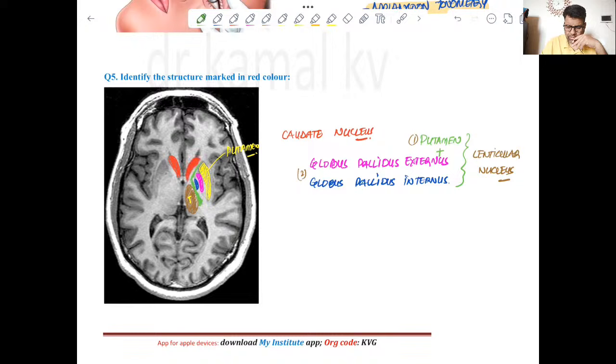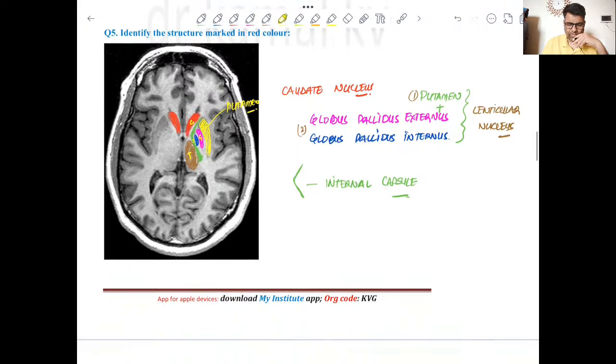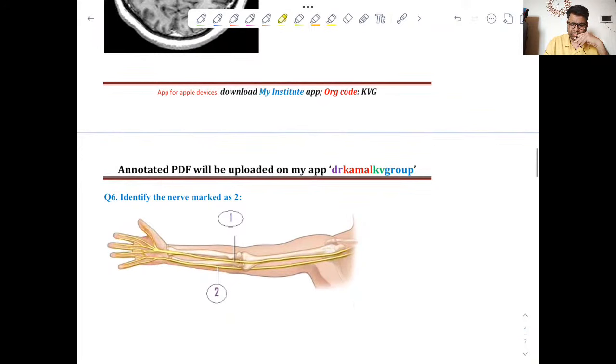So what is this? Something like this, angulated outside. So this is internal capsule, right? So please remember this diagram. It is very important, and many times we have a question from this. So caudate nucleus, putamen, globus pallidus, internal capsule, thalamus, right? So please remember it. Chalo, moving to next question.